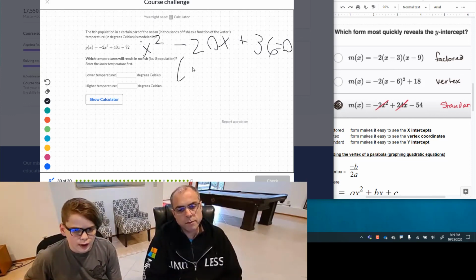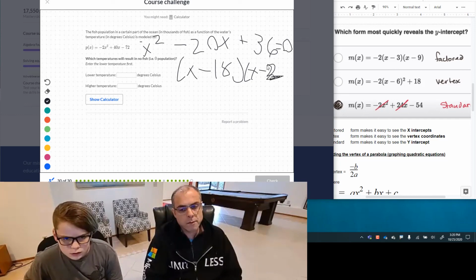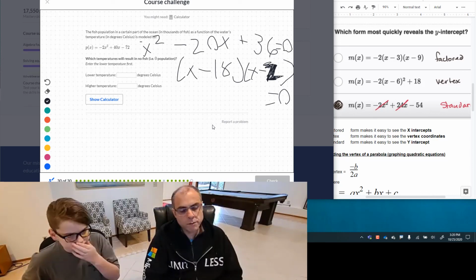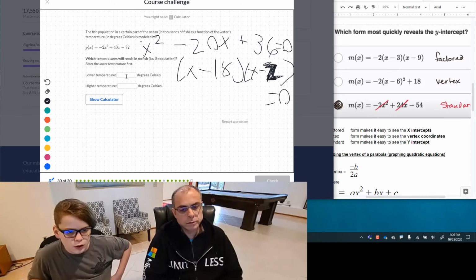So x minus 2 and x minus 18. So then the lesser one is 2 and the bigger one is 18.